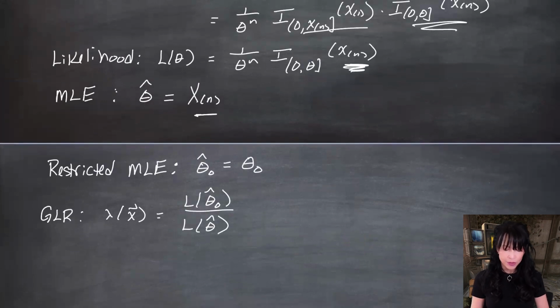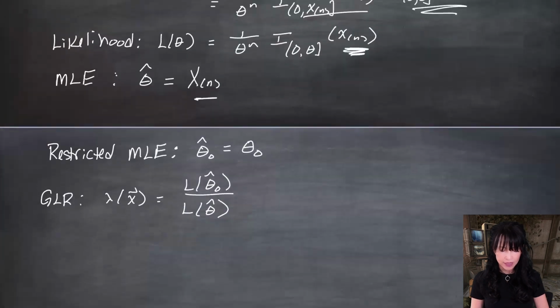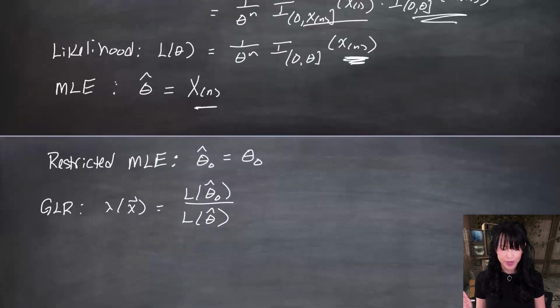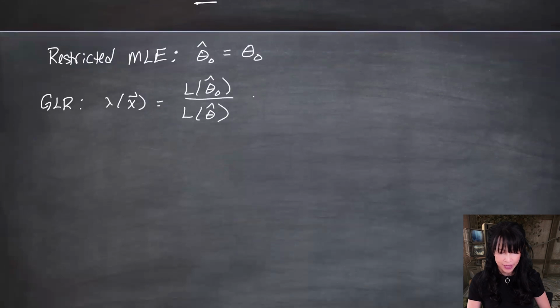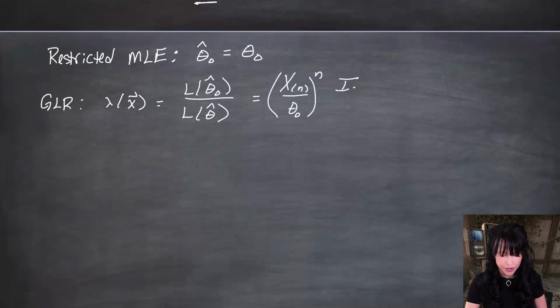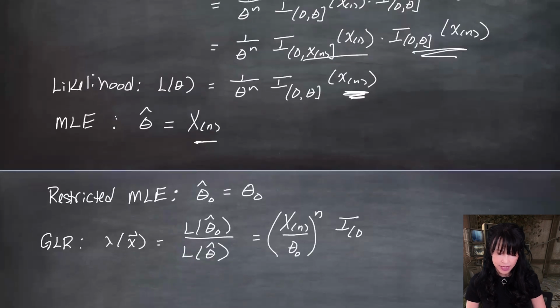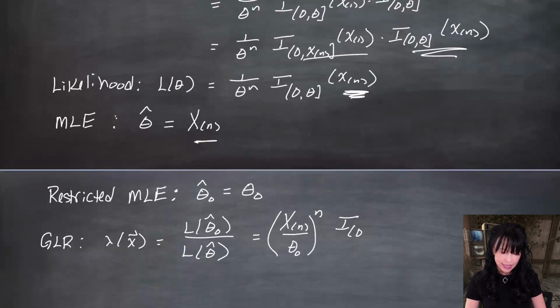And I am going to write this out. So when I think about that theta in the denominator, I'm going to end up with the maximum over theta naught to the nth power. So I've already kind of flipped things. And an indicator that says, so I'm plugging in for theta my restricted MLE.